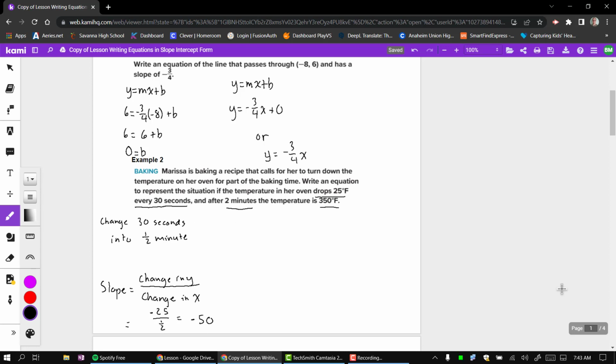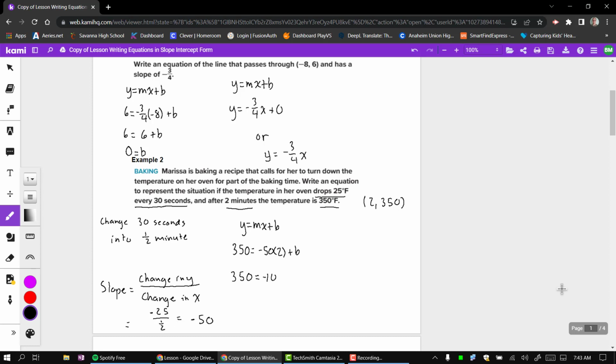Next up, I want to find the b value. So I'm going to plug that in, y equals mx plus b. I know m now, it's negative 50. I want to find b. I'm going to use this point right here, which is 2 minutes, is 350 degrees. That's our second point that we got. So this is going to be 350 equals negative 50 times 2 plus b. Well, negative 50 times 2 is negative 100.